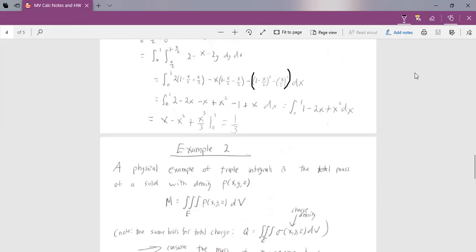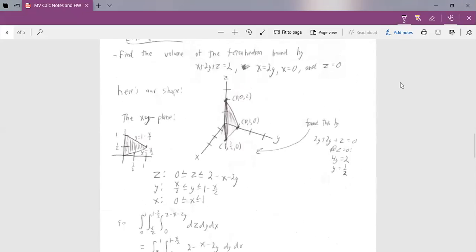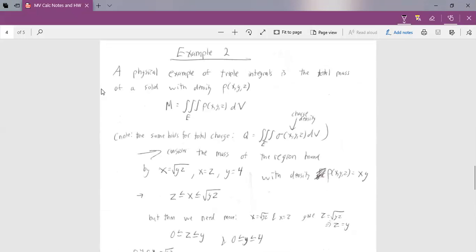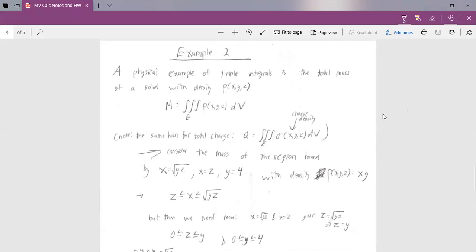Now let's take a look at a physical example. The physical example of triple integrals is something along the lines of a total mass with a mass density, or a total charge with a charge density sigma of xyz, or just density rho of xyz.